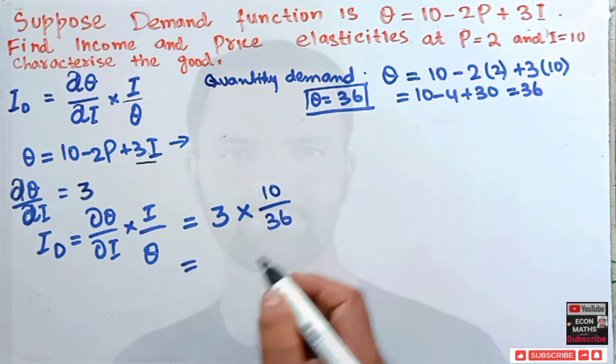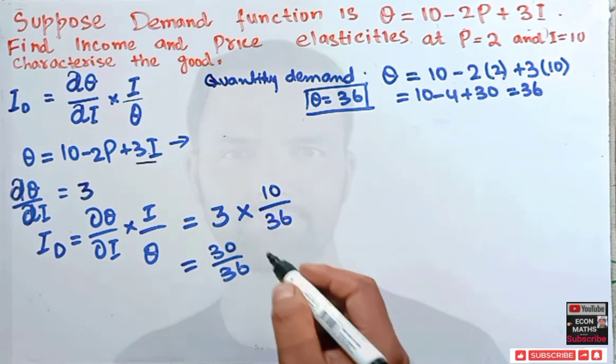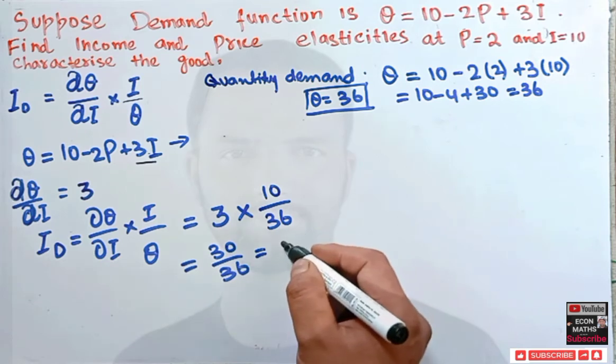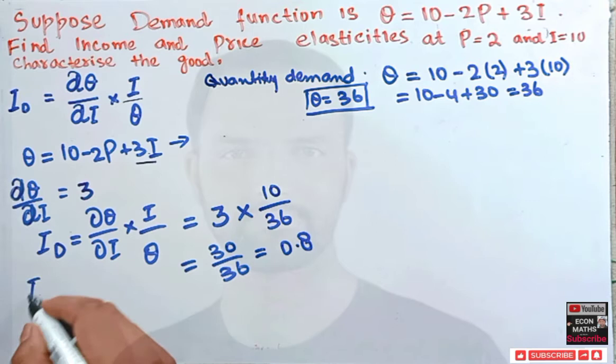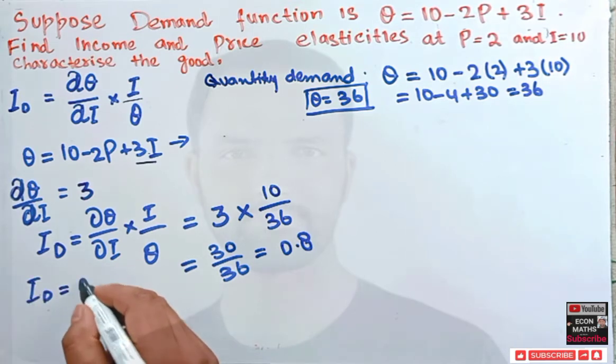When solving, this will come out to be 30 divided by 36, and when solving further, this will come out to be 0.8. So income elasticity of demand is equal to 0.8.